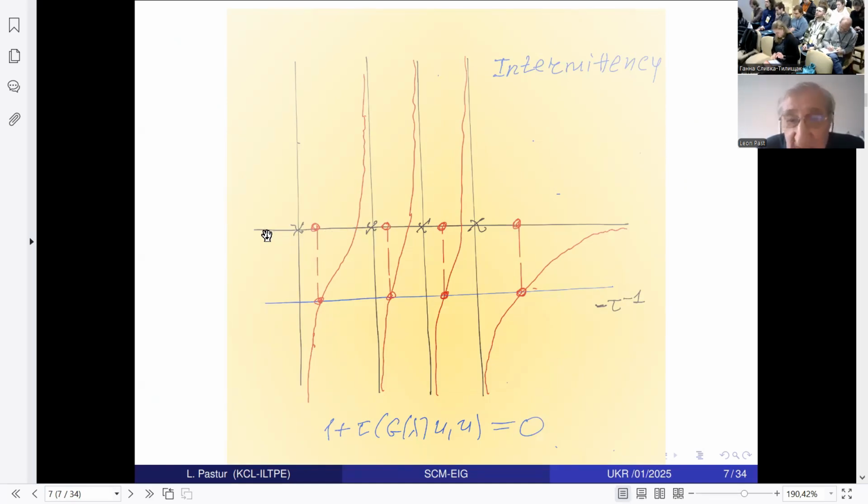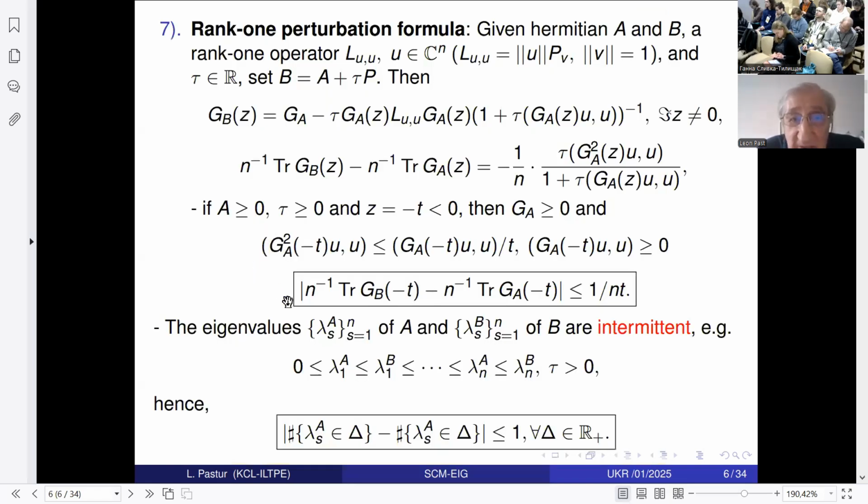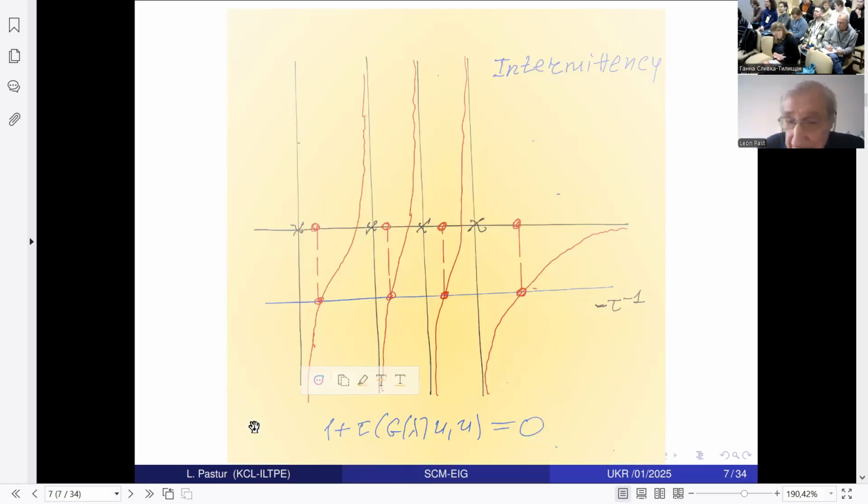It's called intermittency, and the important consequence is that the number of eigenvalues of B and A, this is a misprint, that are falling in any given interval delta of the real axis differ at most by 1.